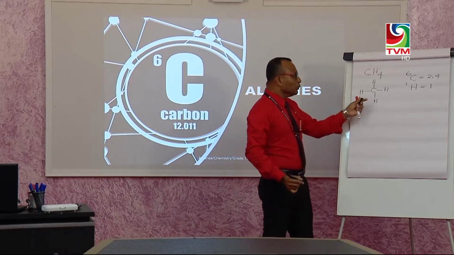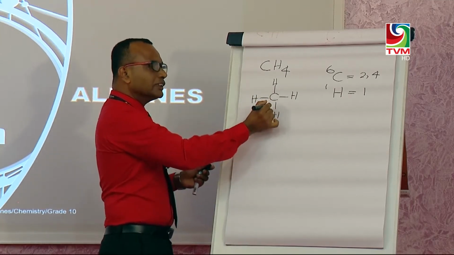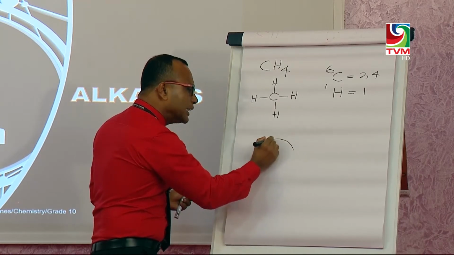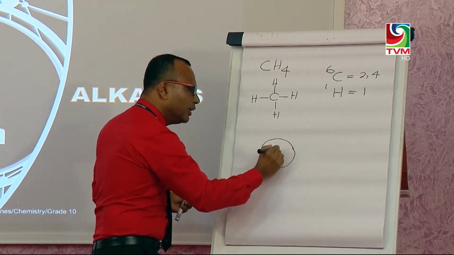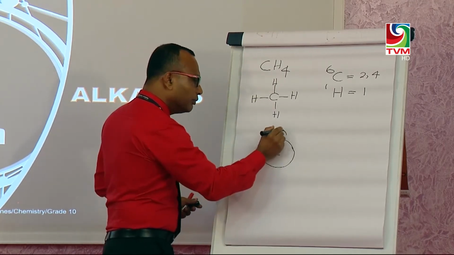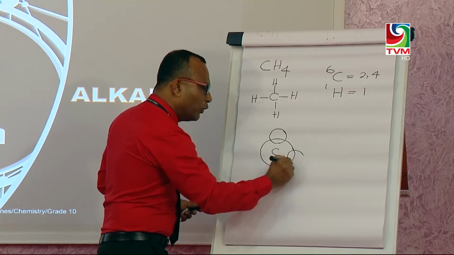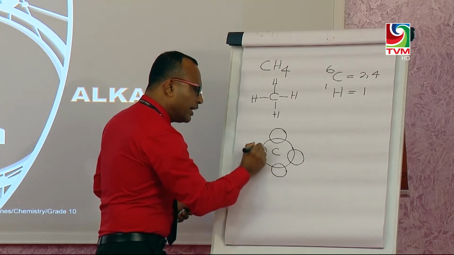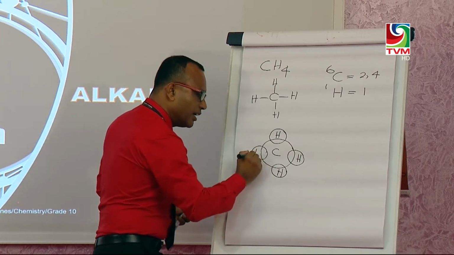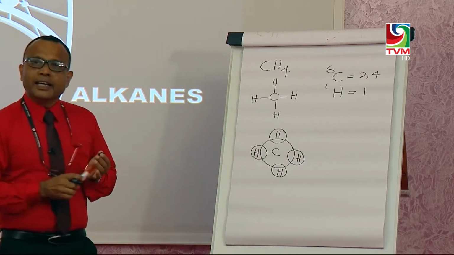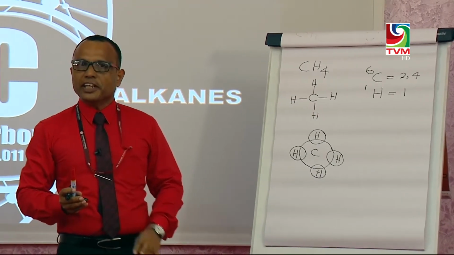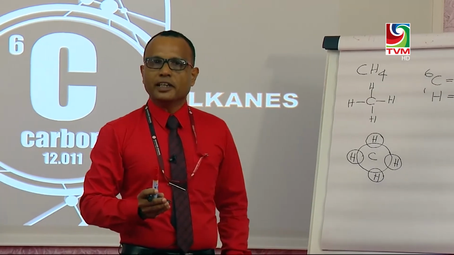Then we use circles to represent carbon and hydrogen. I must draw 1 circle to accommodate carbon, and 4 circles to accommodate the 4 hydrogen, and write H in these places. And remember, each single bond consists of 2 electrons, or a pair of electrons.